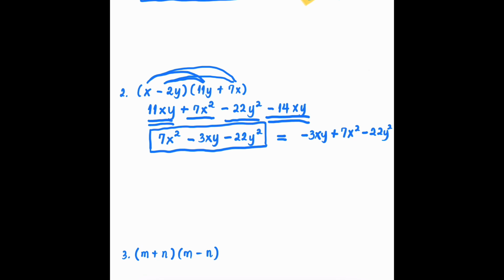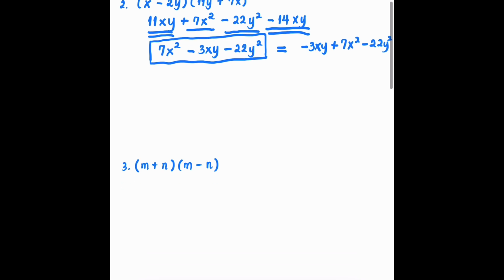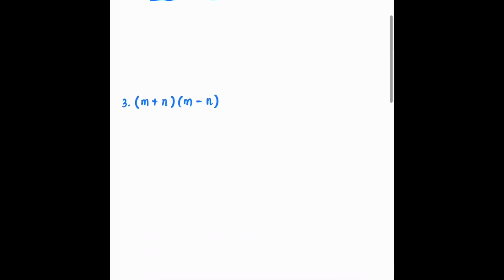Okay, on to our last example. You can pause the video if you want to answer this question. For the last question, we have m plus n multiplied by m minus n. Following the FOIL method, we multiply the first two terms. So we have m times m equals m squared.